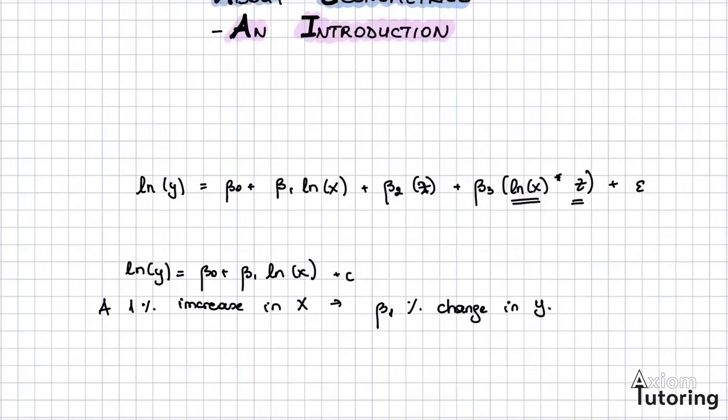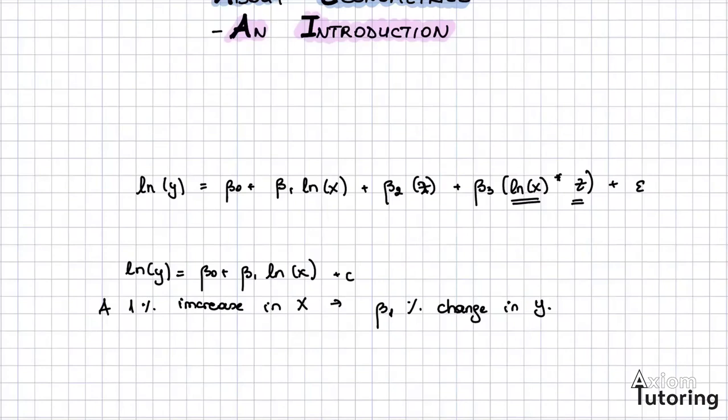Okay, and beta 1 was a constant elasticity, the same for everyone, regardless of the level of experience, and that was quite a strong assumption. So when you add an interaction, the elasticity is no longer constant, and we can say that the percentage effect of a 1% increase in x now depends on z.